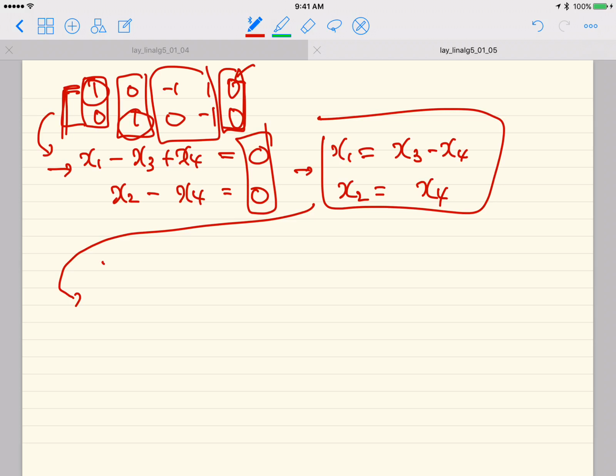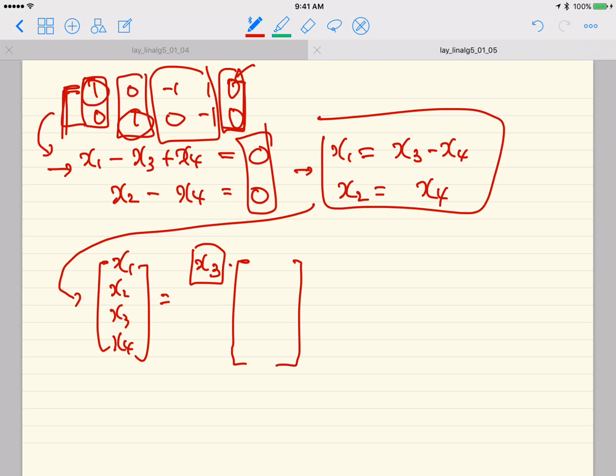Okay, so x1, x2, x3, and x4. In this case, we first use our free variable x3. We have a scalar here, and then what should the vector be? What are those 4 values in this vector?